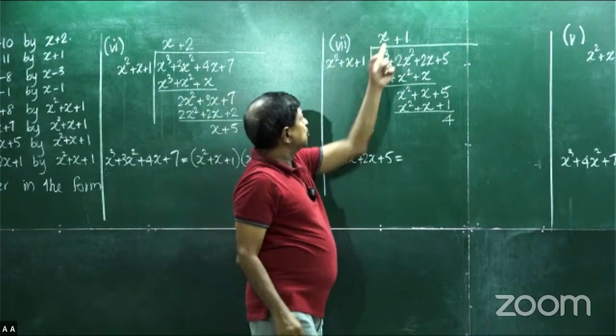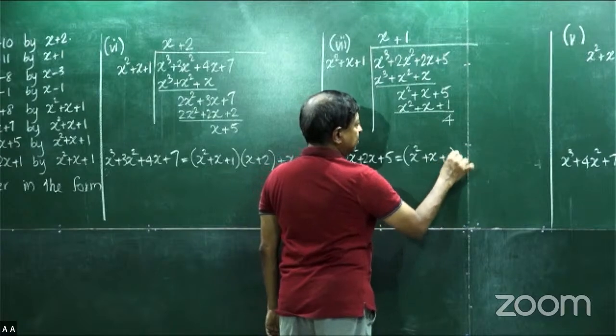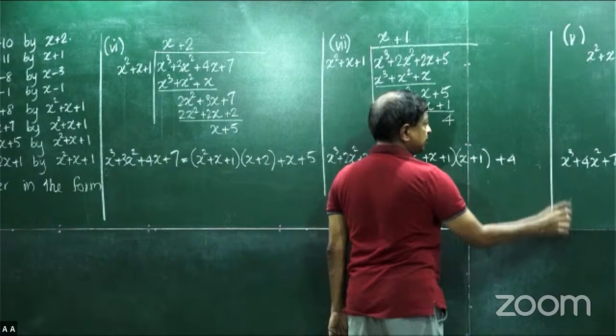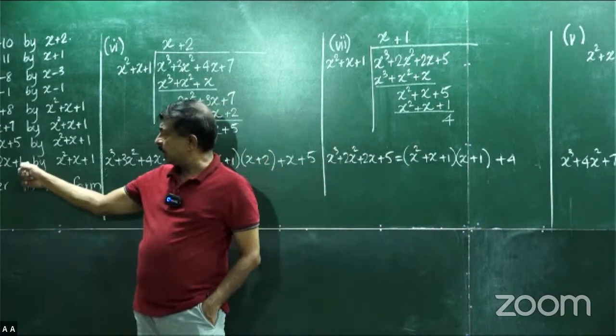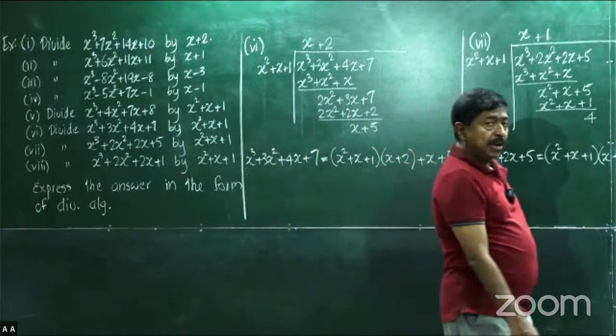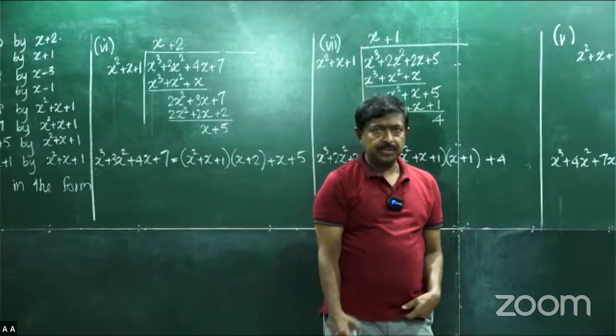This is equal to the product of these two, plus 4. 4 is the remainder. Now we'll take the last one. Then after doing the last one, we can make some important observations. 2 observations.